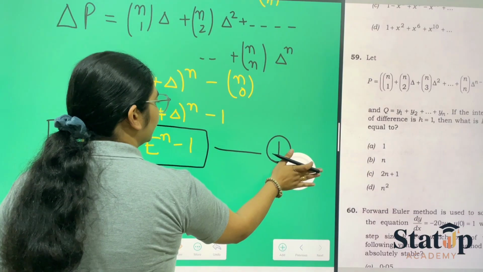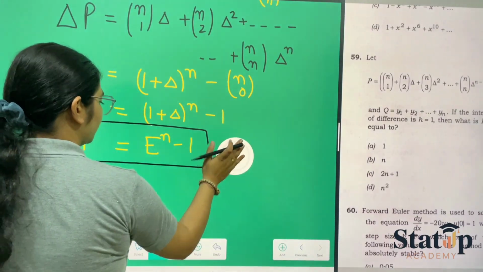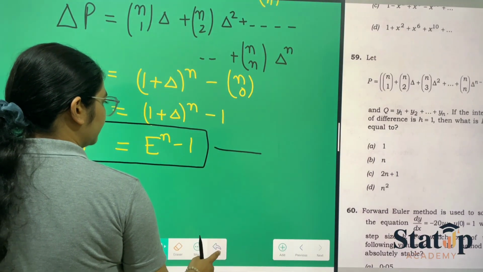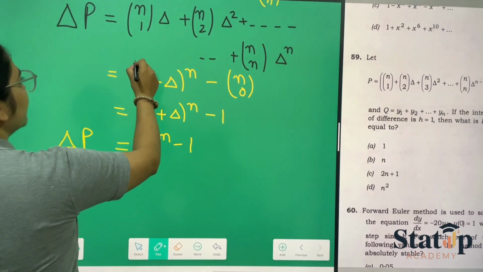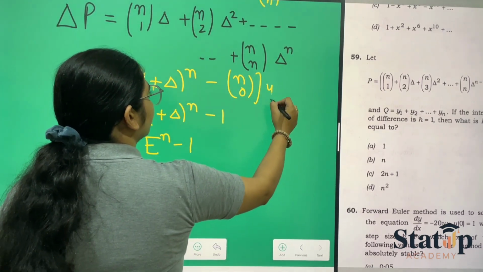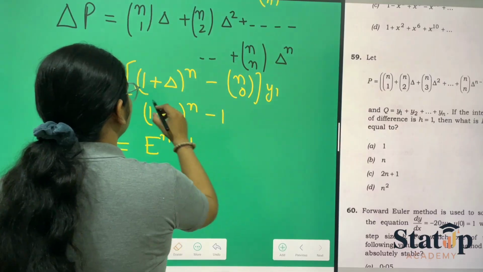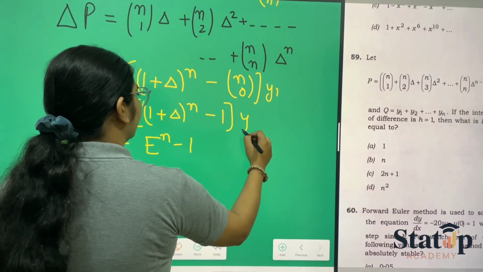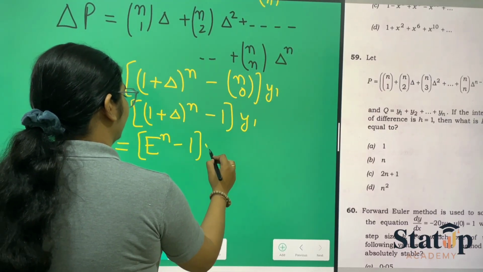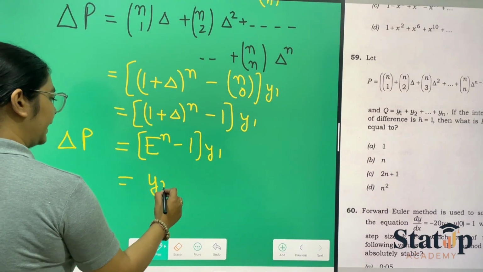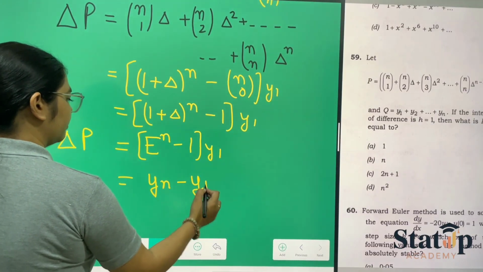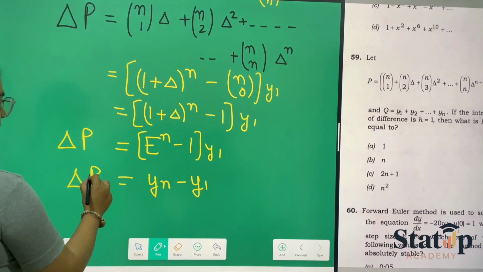Okay, before taking it as equation number 1, it is also multiplied by, all of this is multiplied by yn, y1, as you all can see outside, y1. So this can be written as yn minus y1 delta p.